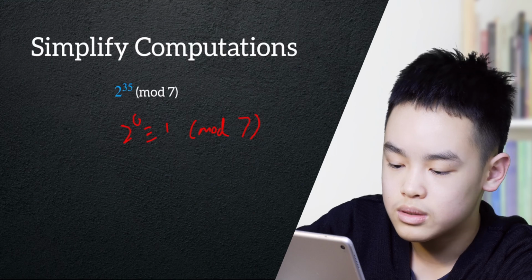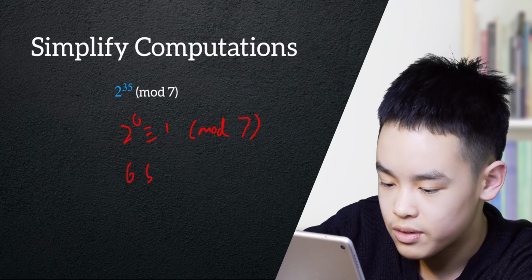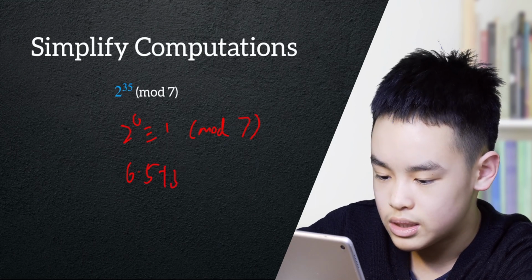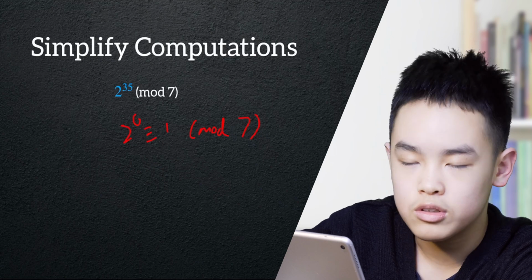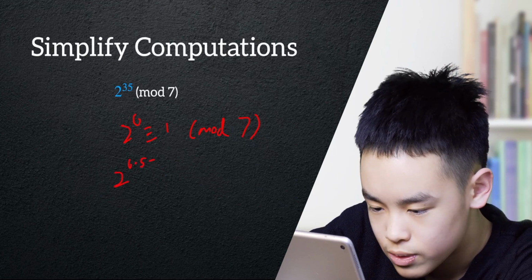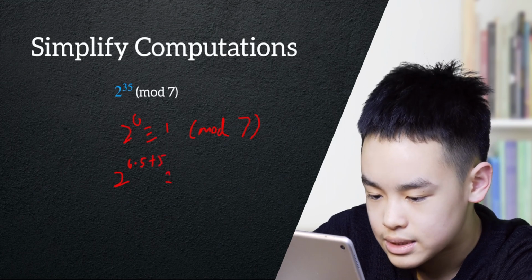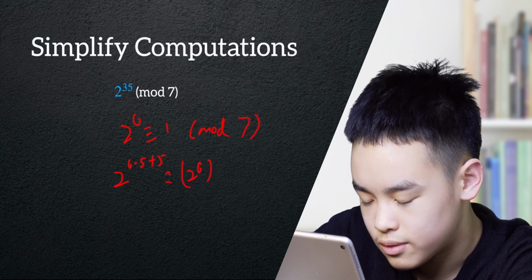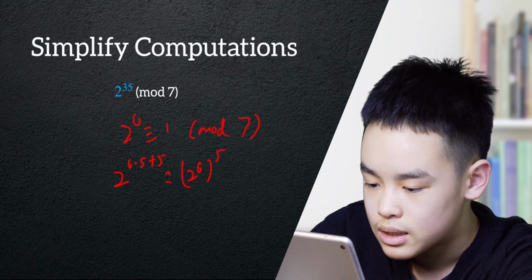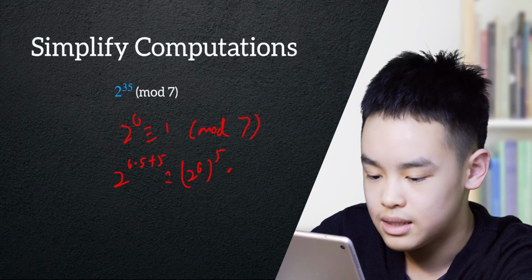So we'll check the connection between 6 and 35, which is just 6 times 5 plus 5. Which means that 2 to the 35th power can be written as 2 to the power of 6 times 5 plus 5. And you can write it as 2 to the 6th power to the 5th power, which is basically exponent multiplication, and multiplication is exponent addition.